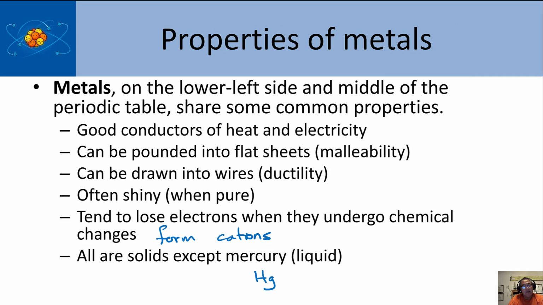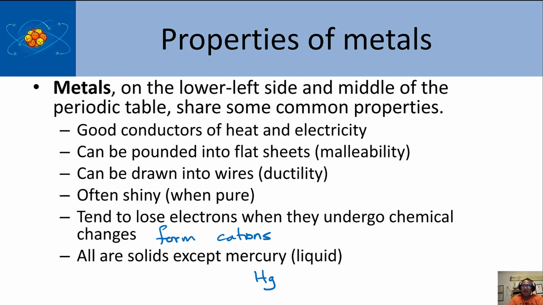What are the properties of nonmetals? They're all different. They're poor conductors of heat and electricity. They can't be pounded. They're not malleable, so they're not moldable. They're often brittle, in fact, for nonmetals. They're not usually shiny, and nonmetals tend to gain electrons.